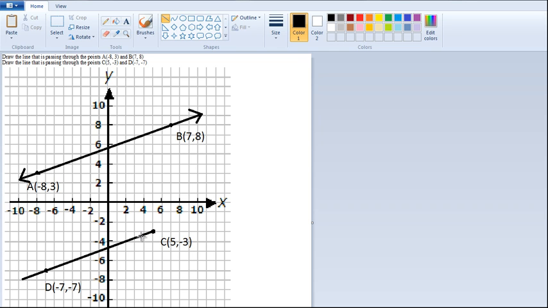And I have to draw the line so it is passing through the point C as well. And then the arrows. Now, these lines are parallel, which means that if we continue to draw these lines, it just never stops.